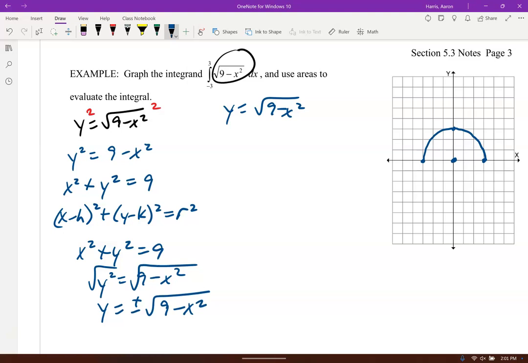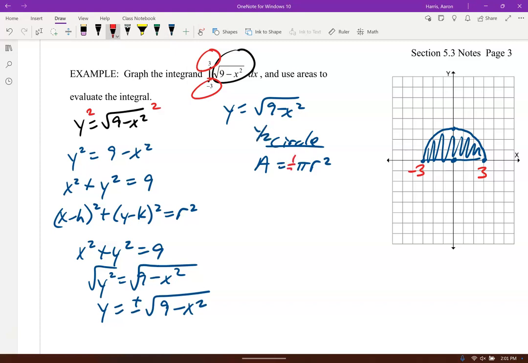So we're trying to use areas to evaluate this, right? Notice it says go from negative 3 to 3. Find this area. Since this is positive, this would be an area, right? Well, we know the area of a circle is pi r squared, but we only have half the circle.